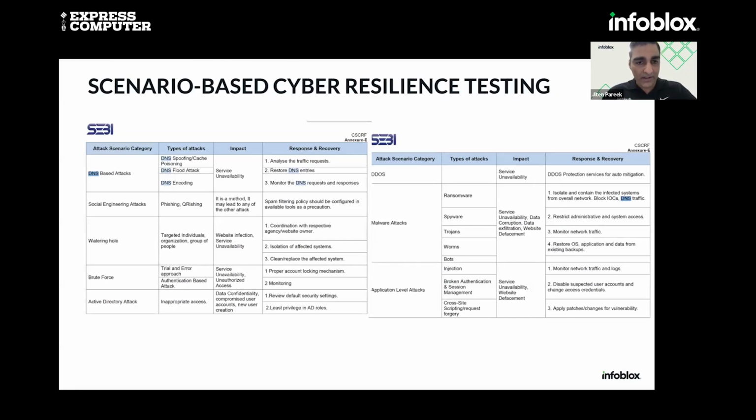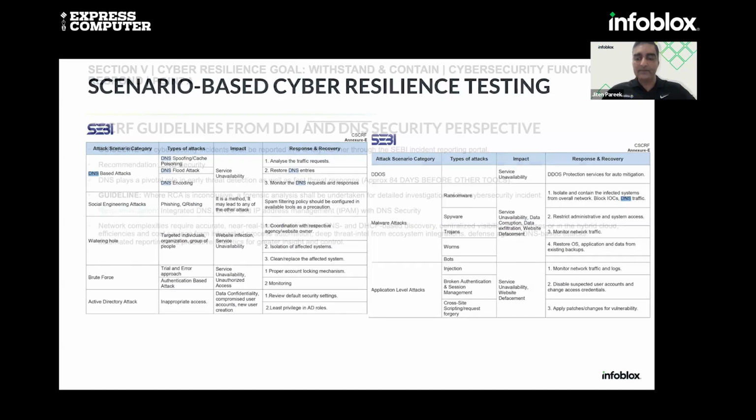All IOCs and DNS filtering can be adopted. Malware attacks, whether ransomware, spyware, or application-level attacks, are all associated with DNS everywhere, which is why SEBI has focused on this in their cybersecurity guidelines.